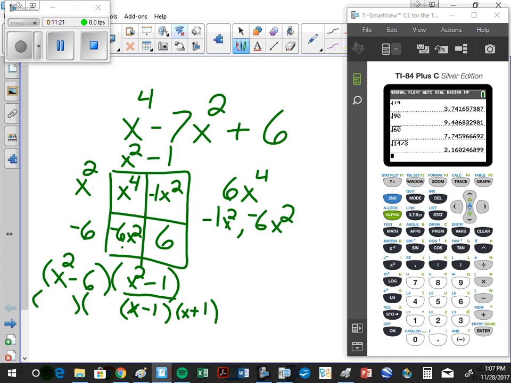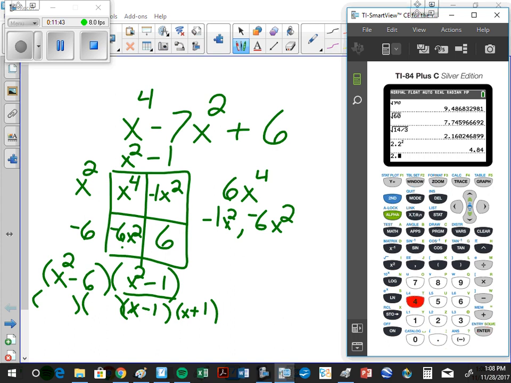Does the first one factor like that? No, but could we make it? What times itself is 6? It's like 2.2. 2.2 squared is 4.